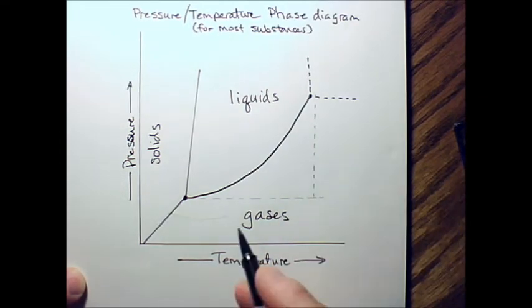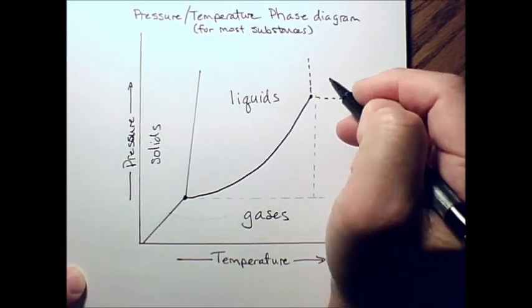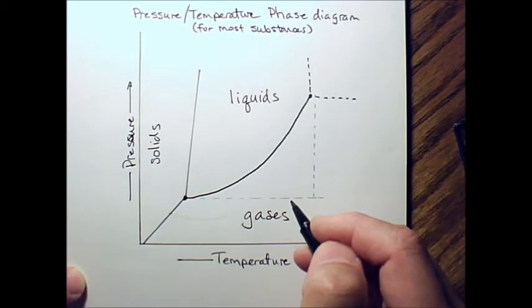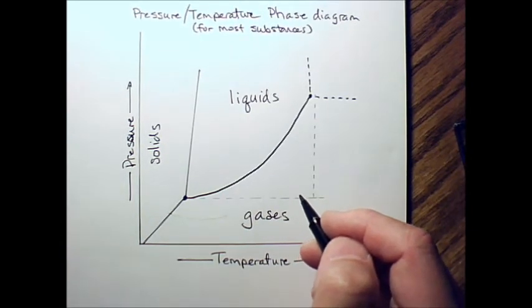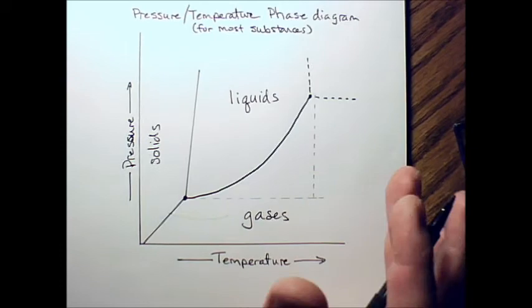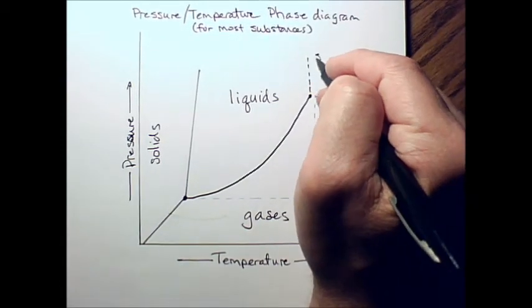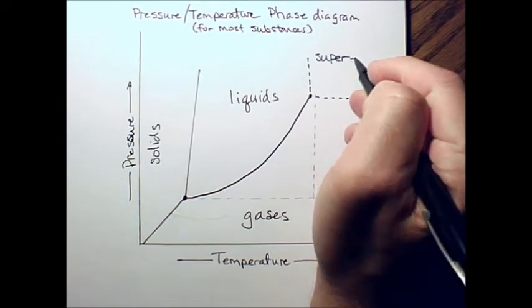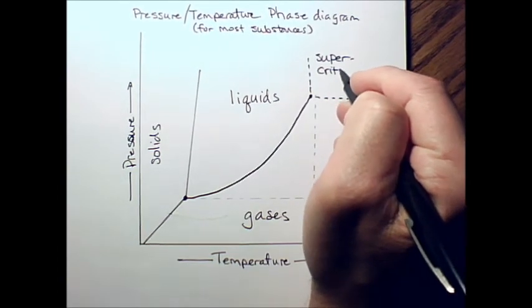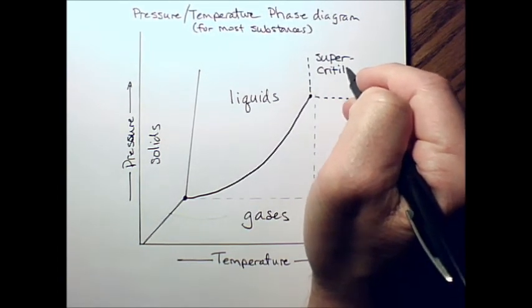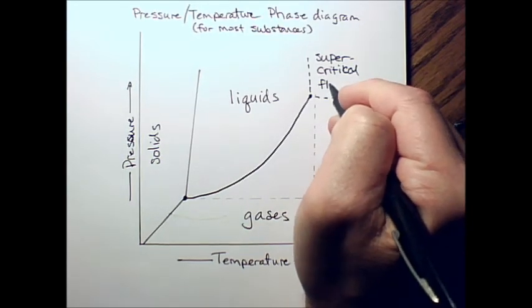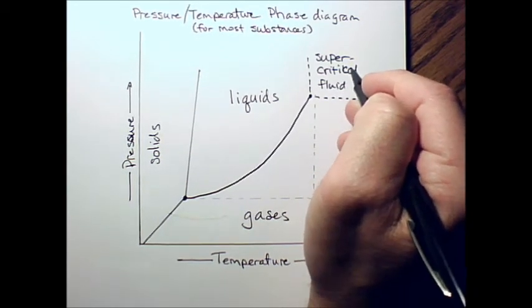Okay? And once we get past that point, we don't have liquid anymore, and we don't really call it a gas anymore. We call it something else because it's in this special category. It has special properties. It does a lot of neat stuff for us. We call it a supercritical fluid. Supercritical fluid.